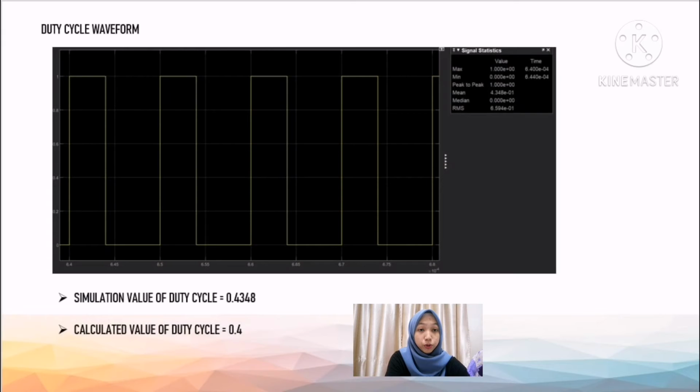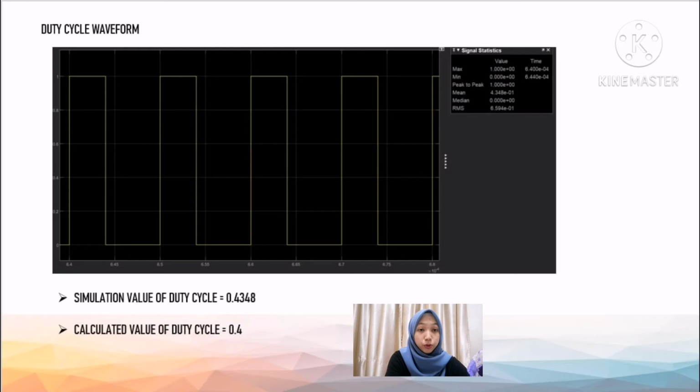So next is the output voltage waveform. So this is the waveform that we got. For the simulation voltage output, we got 82.38 volt, while the calculated voltage output is 83.33 volt. So there is a small difference between the simulated and also the calculated value.